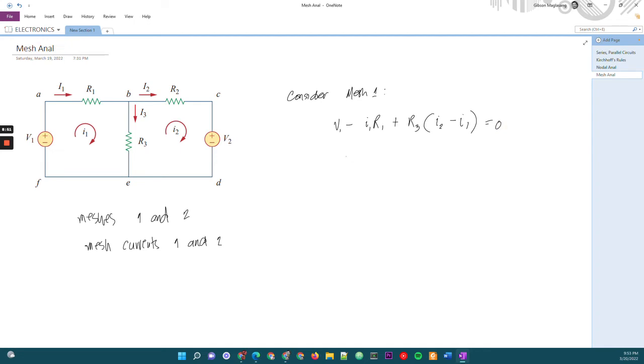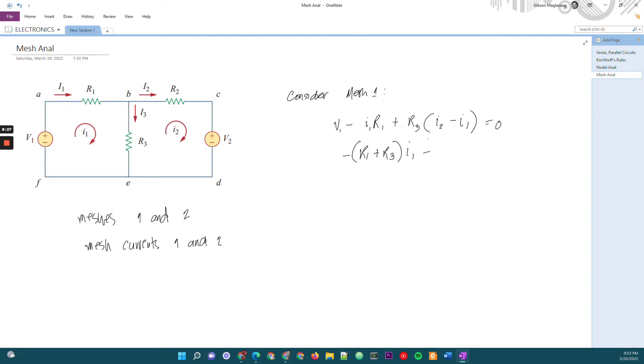Okay, so simplifying this, combining similar terms, we have R1 plus R3. So we combine all the constants under the same variable I1. Okay, the current is our concern in mesh analysis. We have I1, and this is actually negative. Alright, negative.